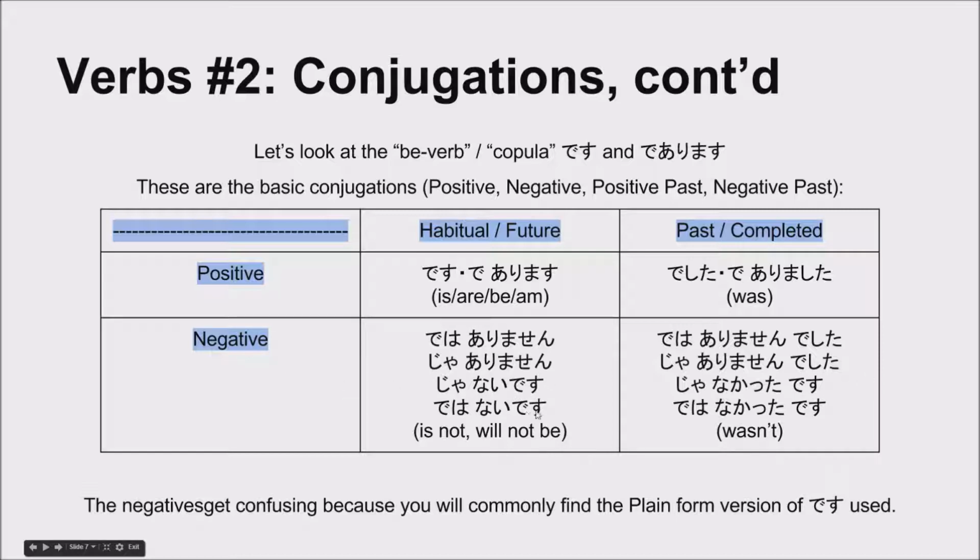So it's kind of weird to see the word des in some of them. You will very frequently find these two that end in des, even though they're past tense and even though they're negative. Just be aware that des is there. This nai makes it negative in these ones. Nakata is the same thing as the nai, but past tense nakata. It'll be less confusing in the future, I promise.